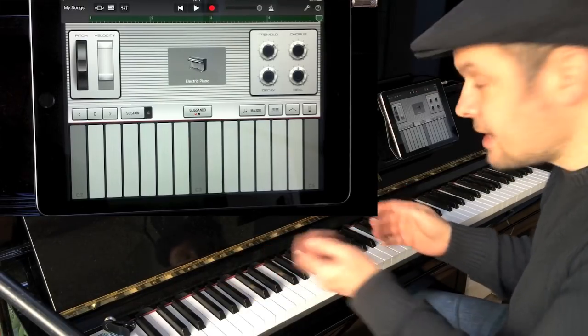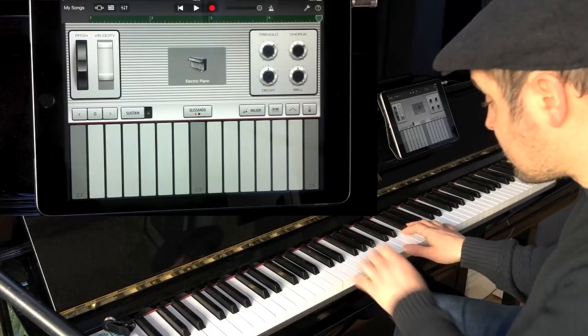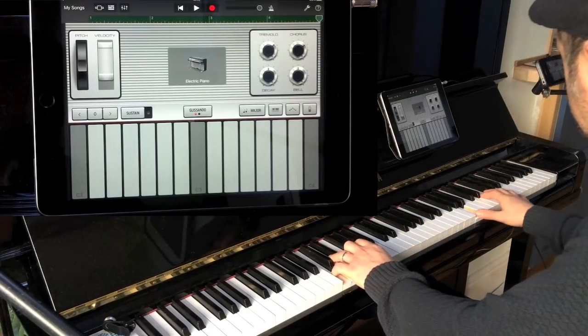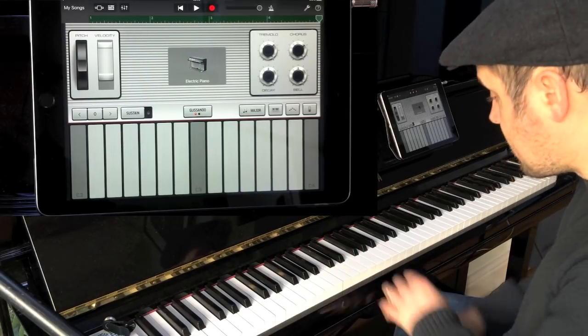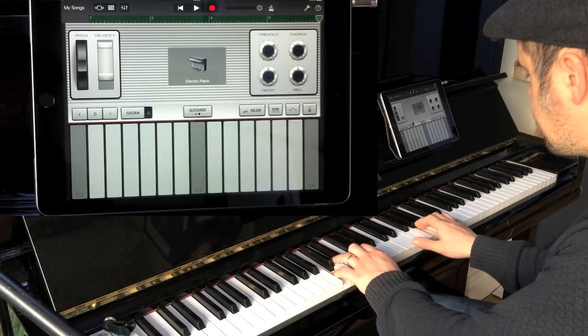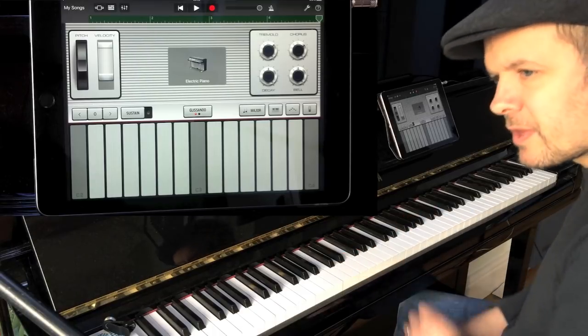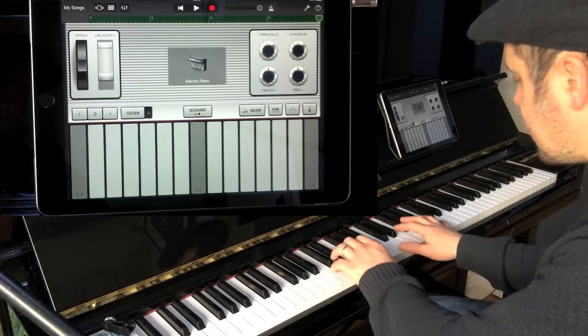That's an idea. Or you could go up in fifths perhaps. You could do that. Gives it a sort of nice dreamy quality.